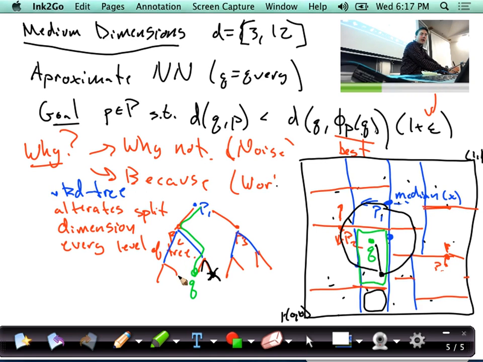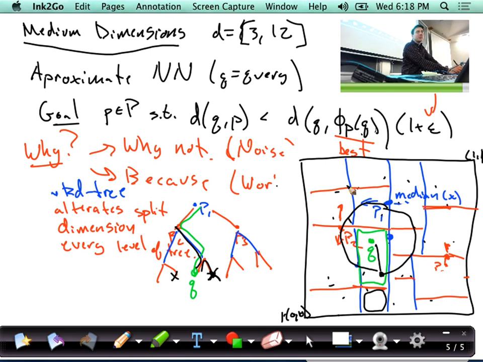Yes, this ball intersects, and I can go and check, and well, it didn't intersect this leaf. I had to check these points, and it turned out there was no point here that was closer. So this is still my best estimate. So I keep going back up here, and then I need to check the other side here.